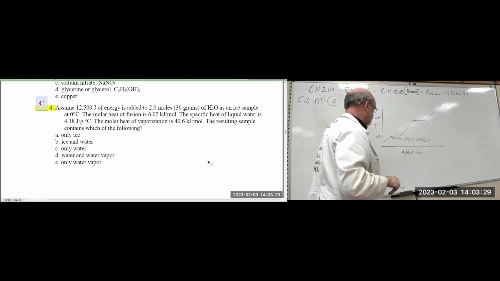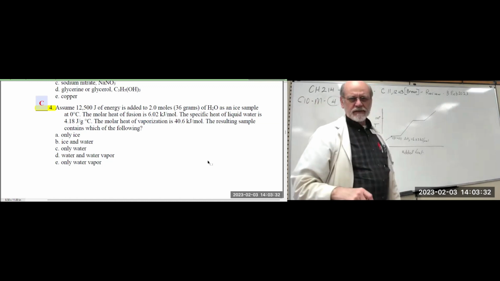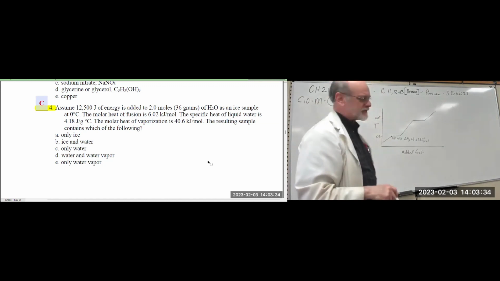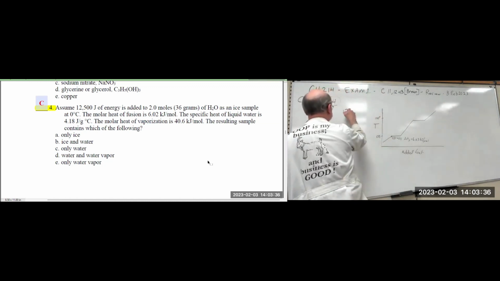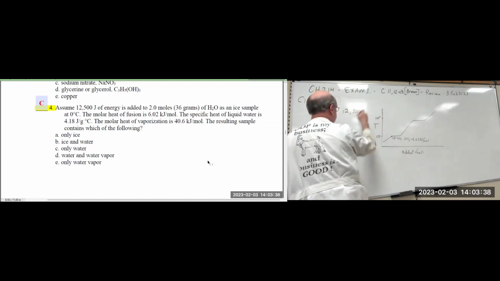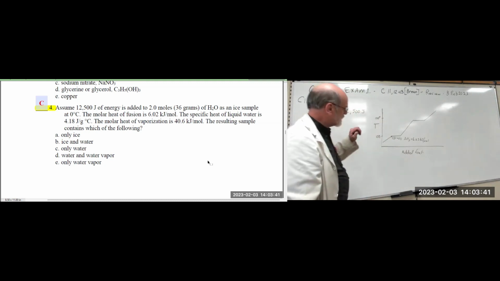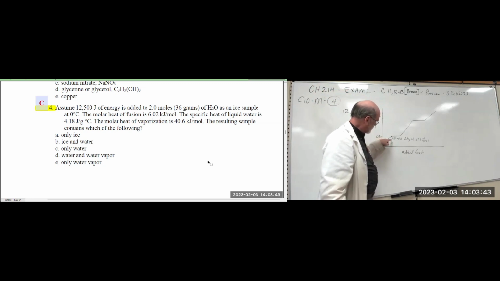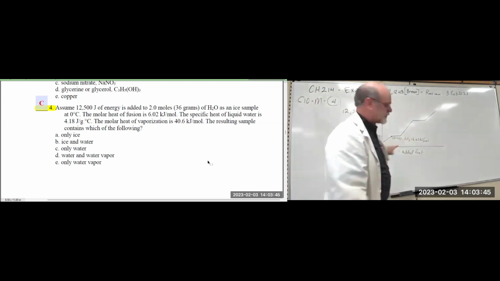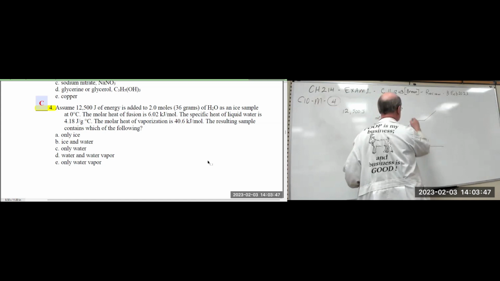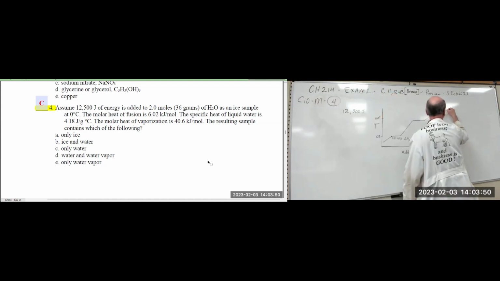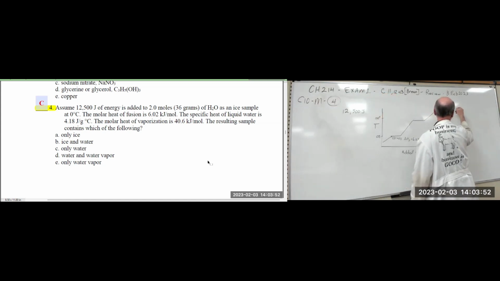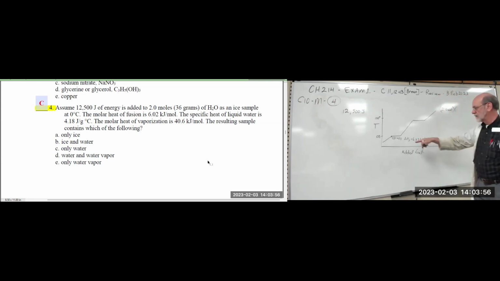So how much heat do we have to start with? We have available 12,500 joules to begin with. So how much heat is it going to take to convert 2 moles of ice to liquid at that temperature?